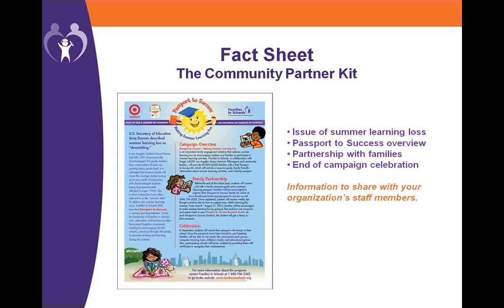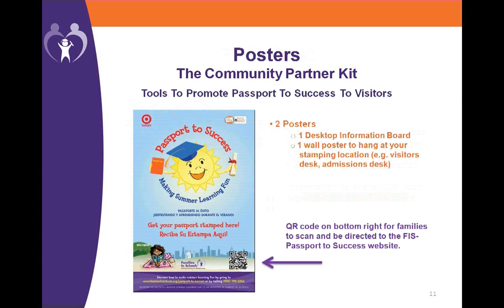This is great information to share with your staff members, because we want to be sure that your staff members who will be greeting visitors are well aware of this. So if families are coming in and showing passports, your staff are not out of the loop. This is a great first piece to share with your staff so that they can understand the campaign and why it's important, and it will give them an overview of how the campaign works.